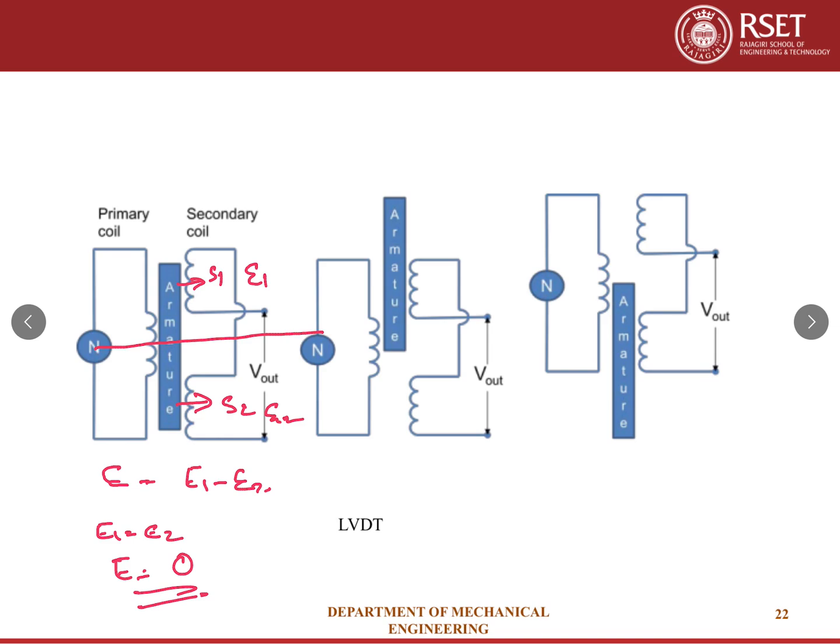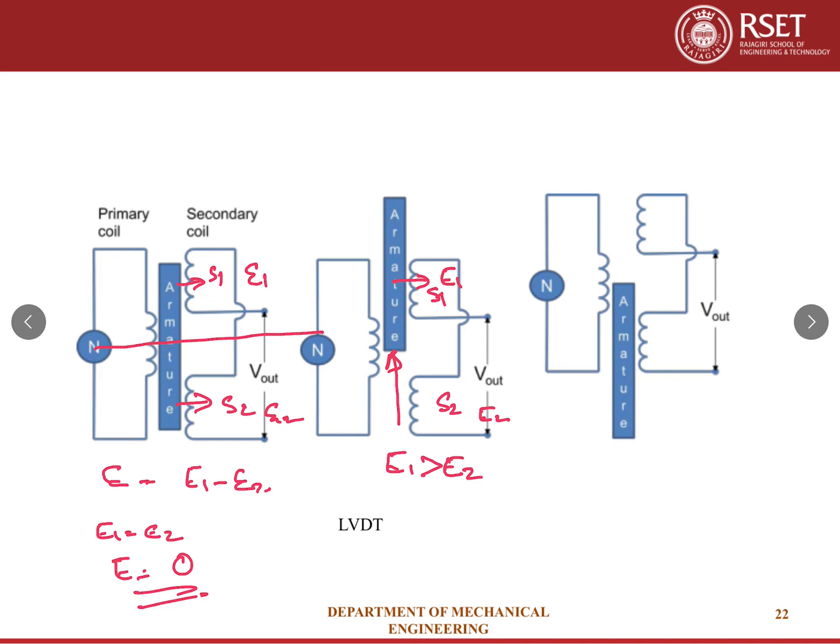Now when we give a displacement to the core in the upward direction, the core moves more towards S1 than S2. So the magnetic field induced EMF in E1 is more compared to E2, that is E1 is greater than E2, because the core has moved more towards the secondary S1.